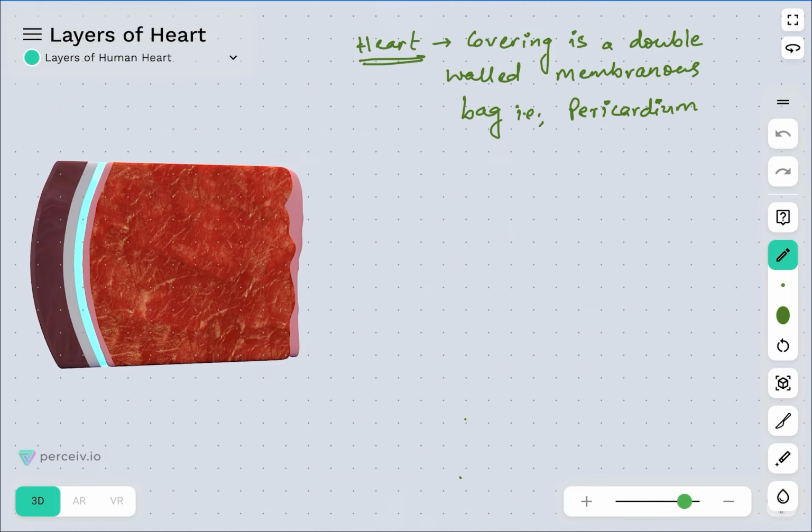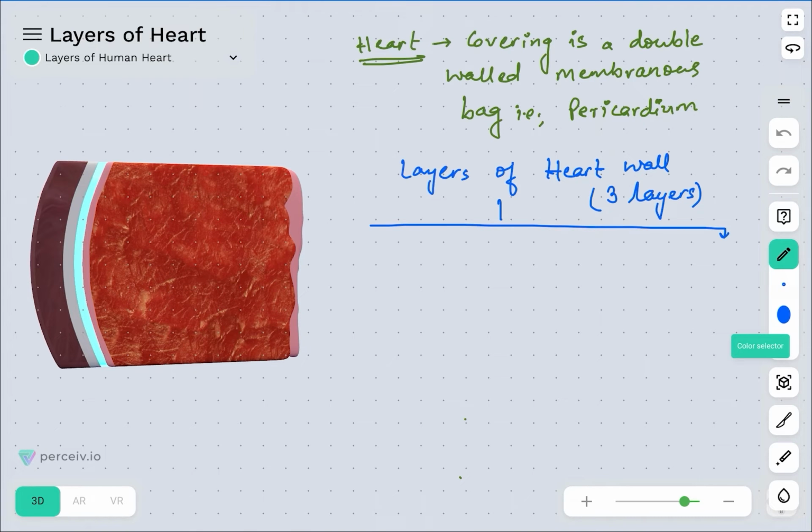Now, if we just bifurcate the pericardium layers, we can see that the heart wall is basically divided into 3 different layers. All right, so if we look into the layers in the form of a flow chart, the layers of the heart wall are usually 3.